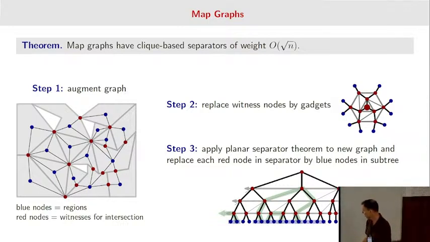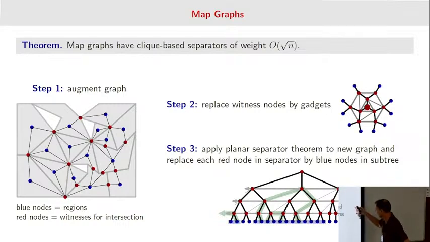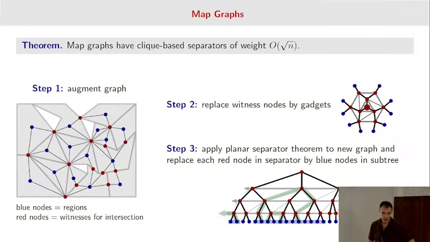So this is the basic idea here, which I think is a nice trick to get the weight down to square root of n.